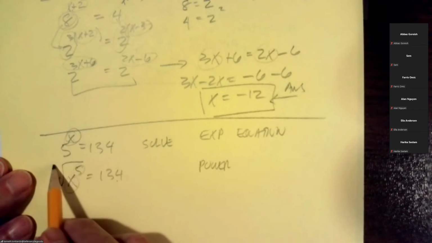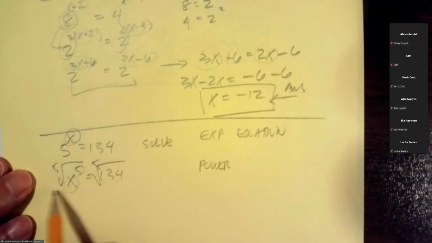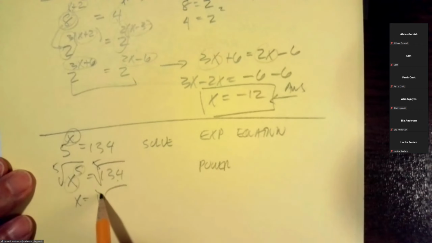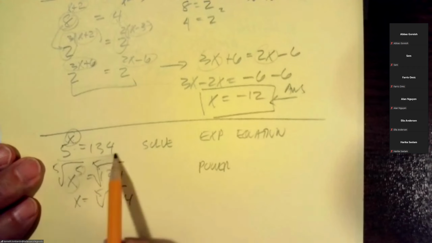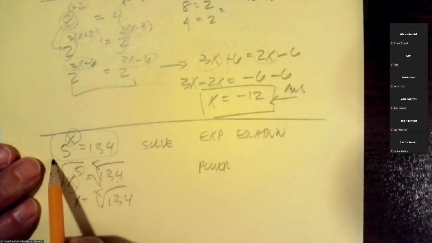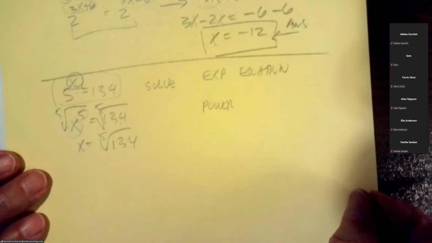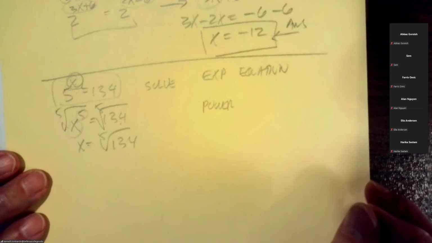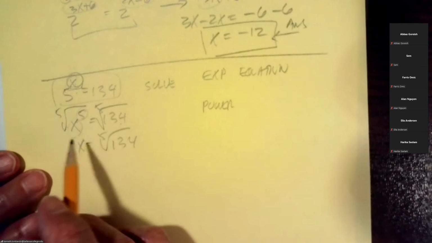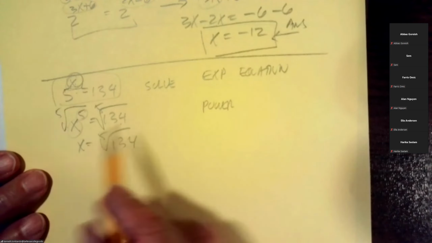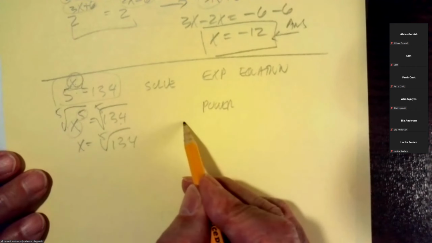So here we would take what, the 5th root of each side, wouldn't we? And we get x equals the 5th root of 134. But here we're not doing that. X is the exponent. So whenever we're solving for an exponent, we can use the log, because log is an exponent. So if I take the log of each side, and I know that the logs I have available as buttons on my calculator are nice.